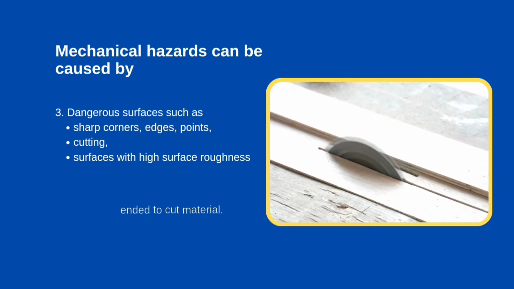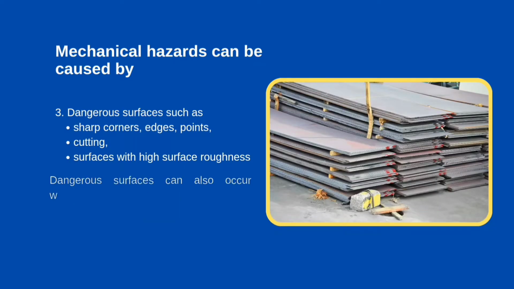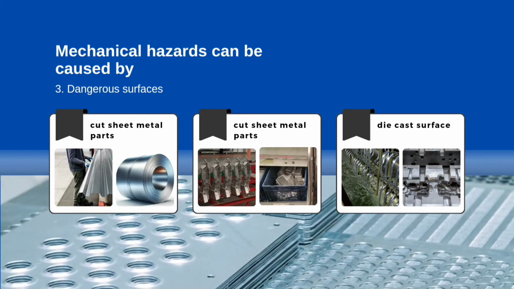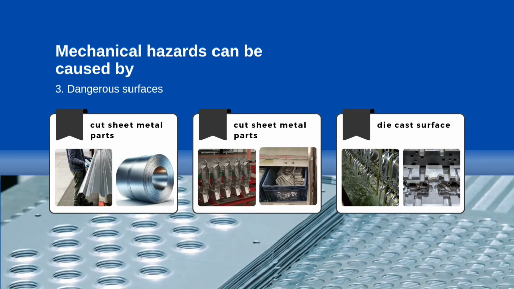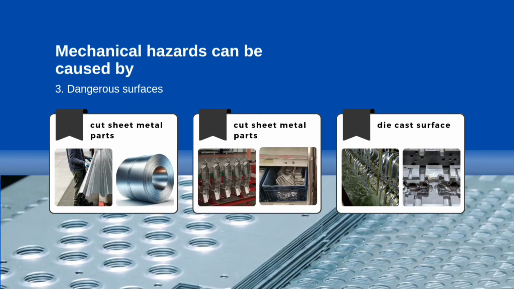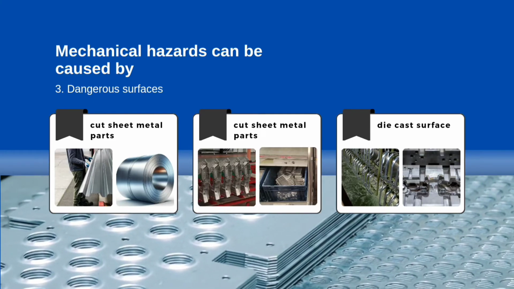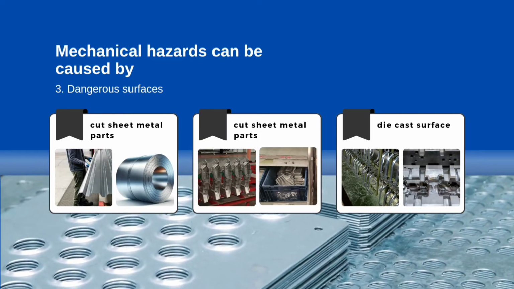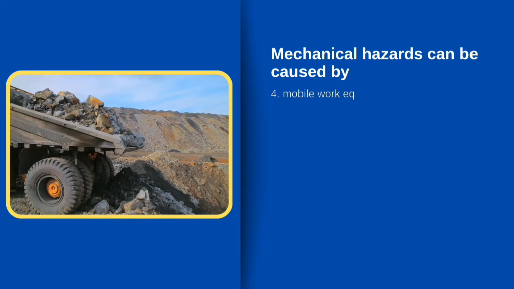This is the case, for example, with rough, unprocessed cast part surfaces, or with underburred cut sheet metal parts. This also means that the measures for dealing with the dangerous surfaces differ. It is important to always be mindful of the potential dangers posed by these surfaces and take necessary precautions to prevent accidents and injuries.